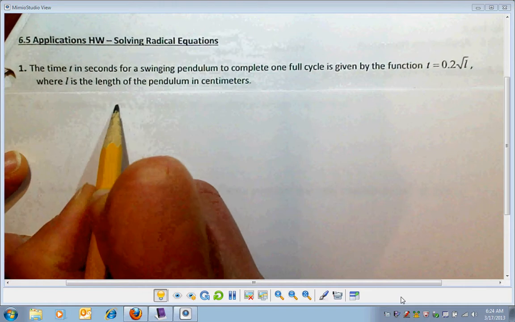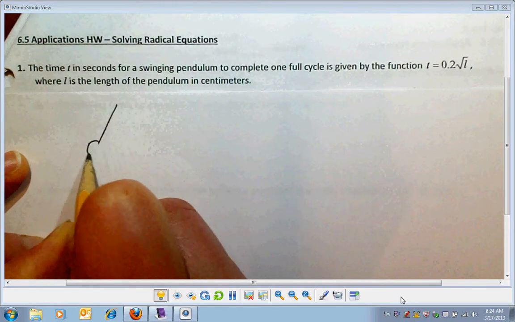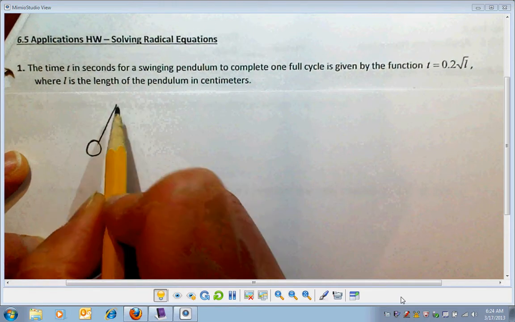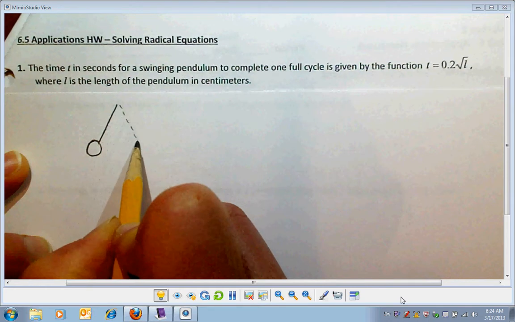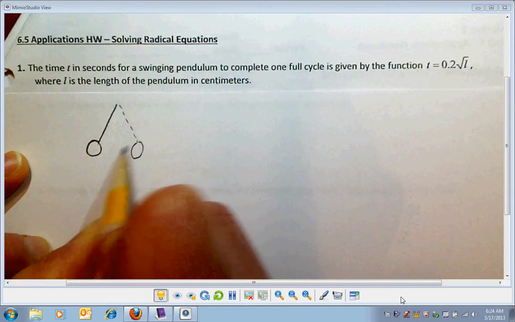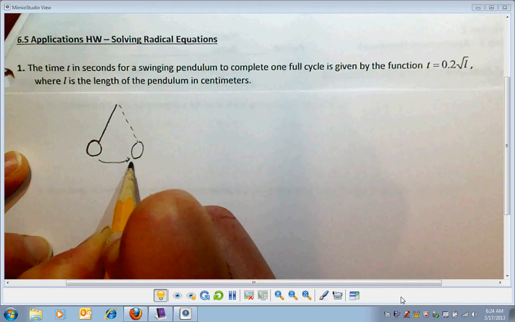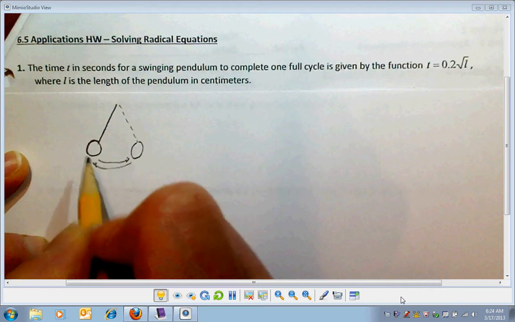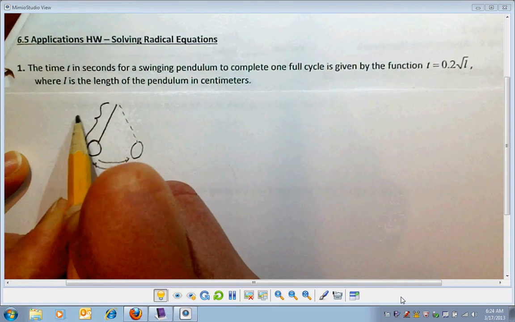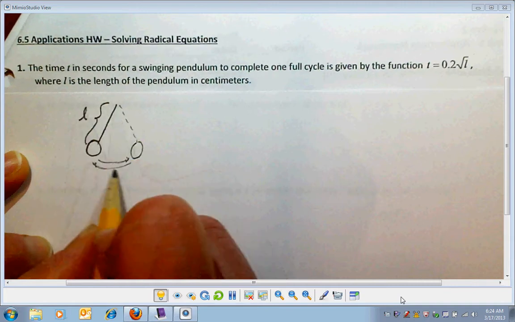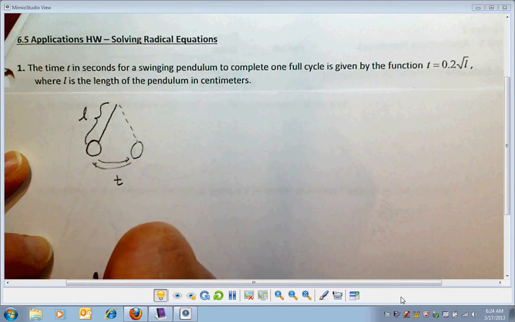So let's go ahead and look at that again. A pendulum is something that's swinging, like in a clock, a weight on a string. One full cycle is there and back, where this is the length and there and back is the time that it takes.